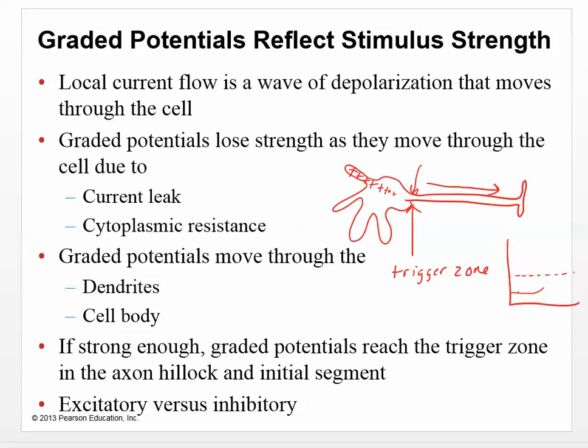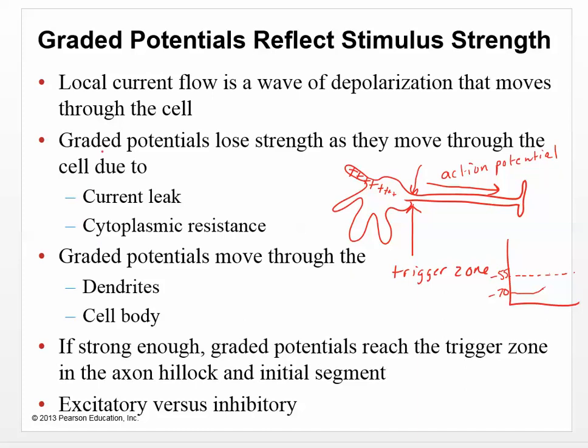We're trying to get it up to a threshold, which is usually minus 55. It's sitting at minus 70 resting, and we're trying to get it up there, but we just don't know if we can make it. And if we do make it, then we send something called an action potential down the axon.